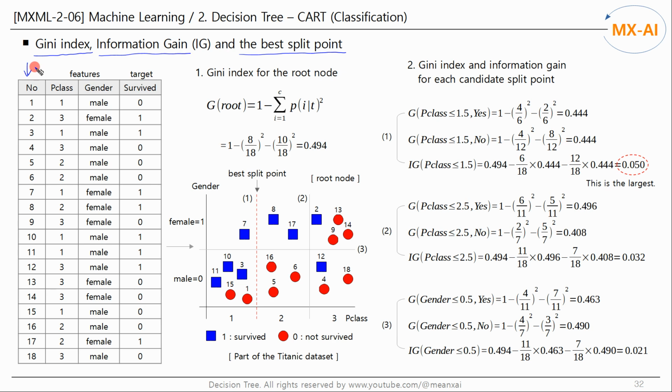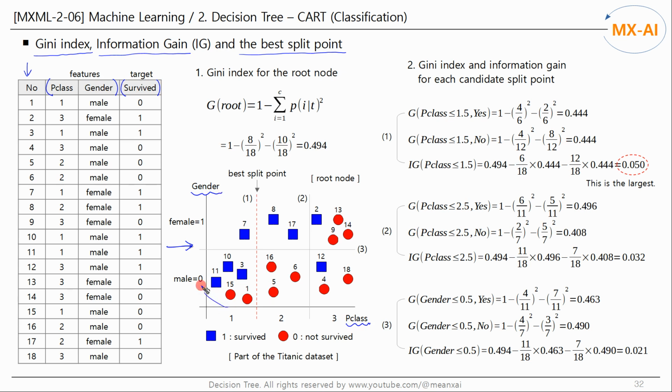This is a subset of the Titanic dataset. This contains 2 categorical features and 1 target variable. This dataset can be represented as a set of points in a feature space as follows. The classes of the P-class feature are on the x-axis, and those of the gender feature are on the y-axis.